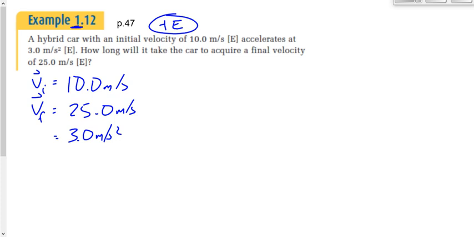What is that? Is it A, VI, VF, T? Jacob? That's A, the acceleration. That's the rate at which it's speeding up. What are we looking for here? Yep. We're looking for time. So let's say delta T is the question mark.